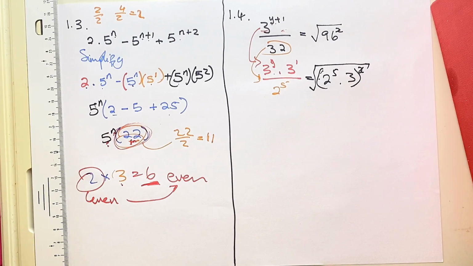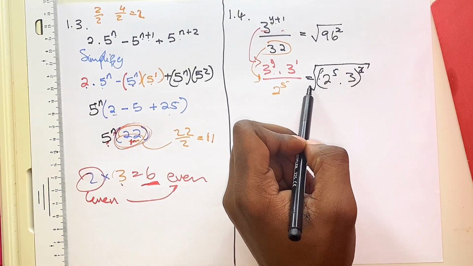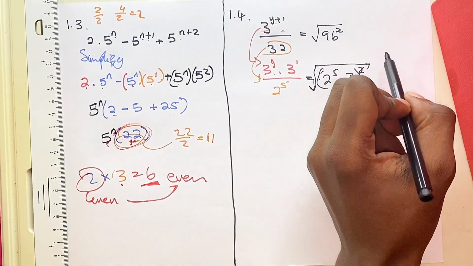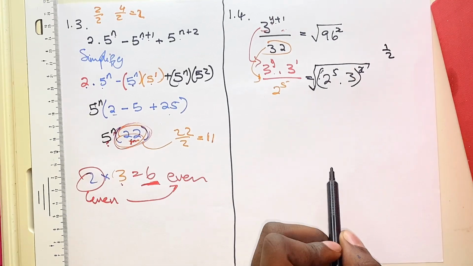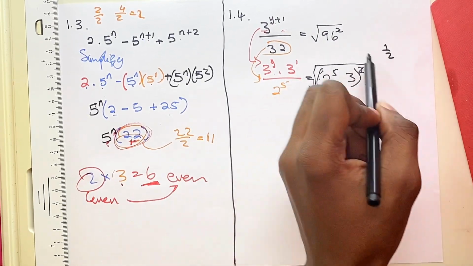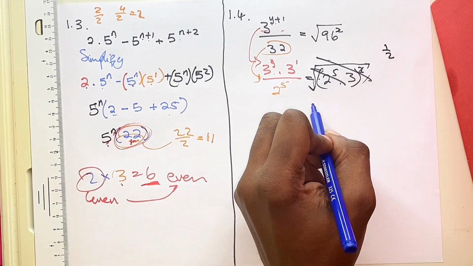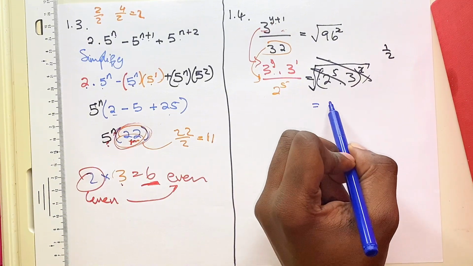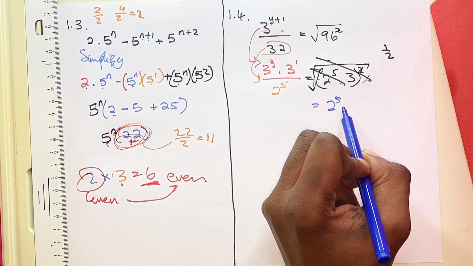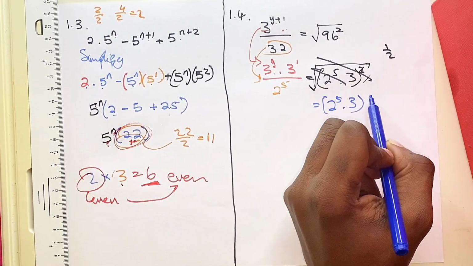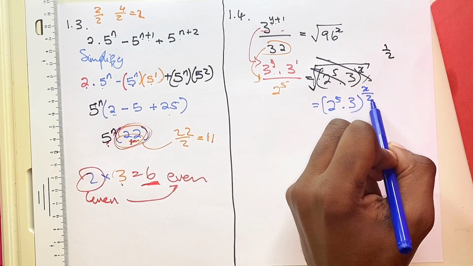Now the interesting thing about this one is that remember that a square root can also be written as to the power of half. So instead of writing this big expression, I am going to substitute and say, okay, that is equal to 2 to the power 5 times 3 all to the power x over 2.